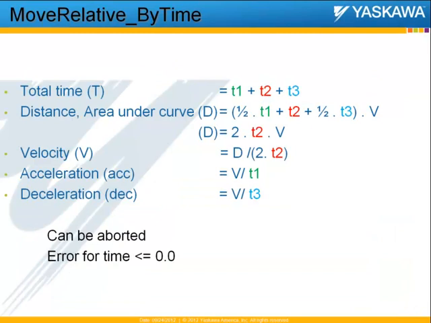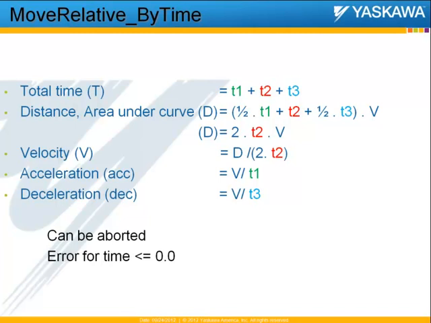This is the calculation that goes inside move relative by time. The total time that's given as an input to the function block is broken into an acceleration time, T1, constant velocity time, T2, and deceleration time, T3. The distance is used to calculate the velocity, and using velocity, we calculate acceleration and deceleration inside the function block.